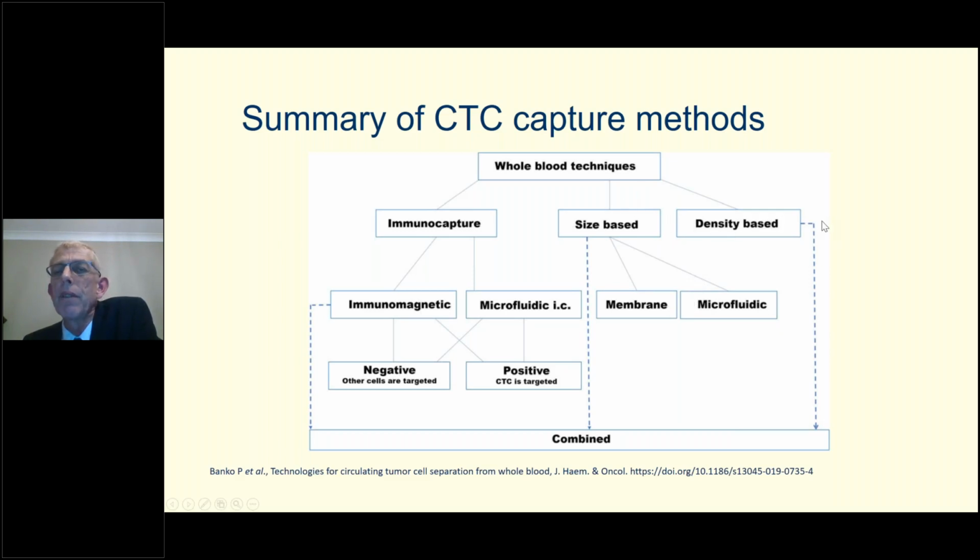And then there are simple density-based methods, and we've all probably carried these types of methods out in our experience, where we might use Ficoll-Hypaque and density centrifugation to separate out red blood cells from lymphocytes and circulating tumor cells. So it gives us an overview of the different types of methods that we might consider in terms of CTC capture and enumeration.